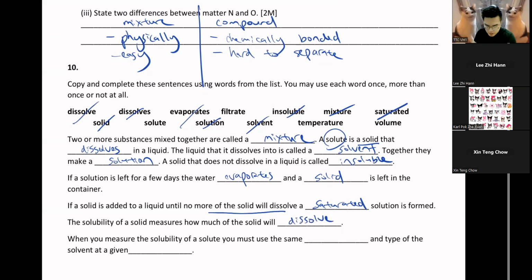Okay, solubility. When you measure the solubility of a solid, you must use the same type of solvent at a given temperature.